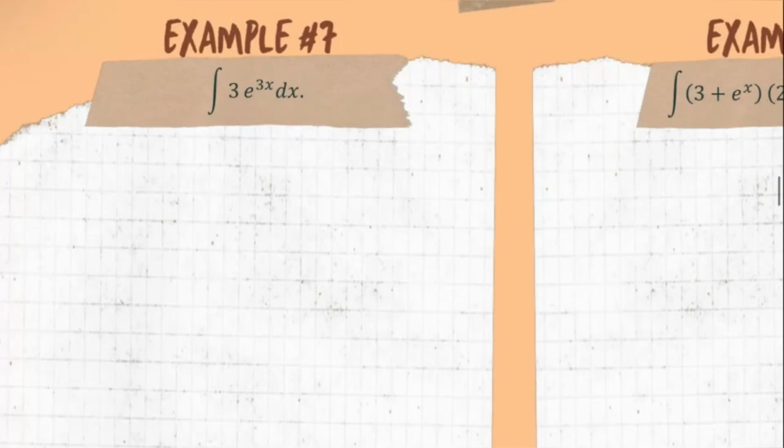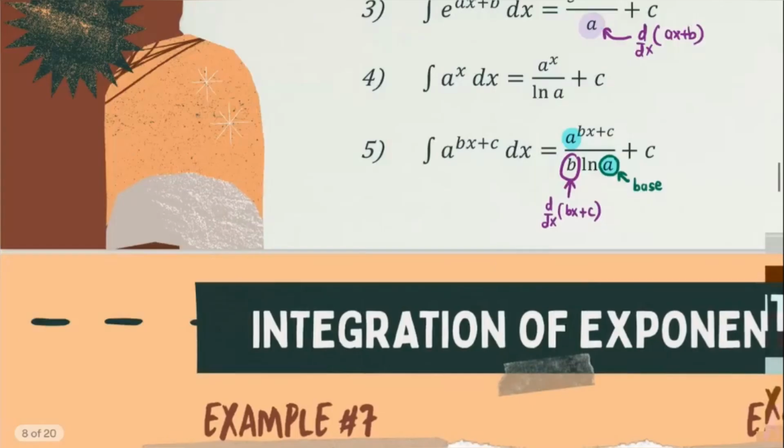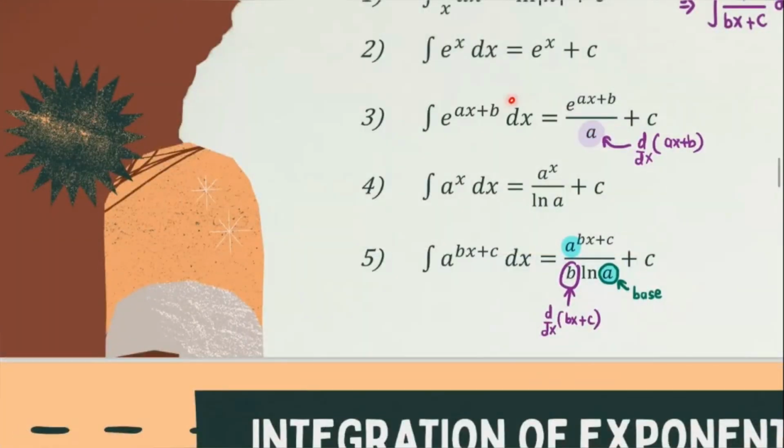Integrate 3e of 3x dx. So kat sini ada constant kan? Constant 3. Saya bawa keluar 3 integrate e of 3x dx. So rules number 3. Nampak tak? Salin bahagi dengan differentiate power.